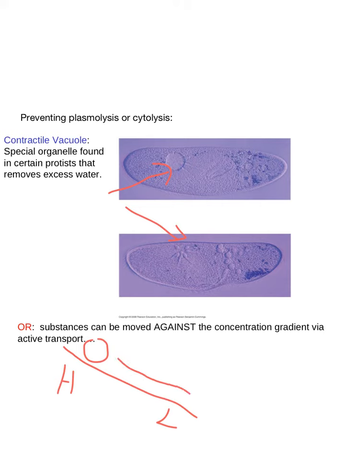But how could you get that ball from that low point to the high point? Well, unless you change the ramp, you have to actually put some energy into this to push it back uphill. And that's kind of what active transport is all about. And we'll talk about that in our next video. So, something to look forward to.